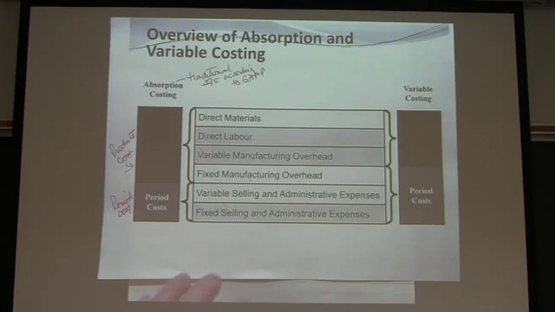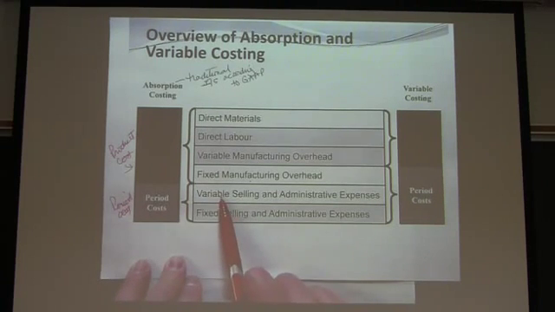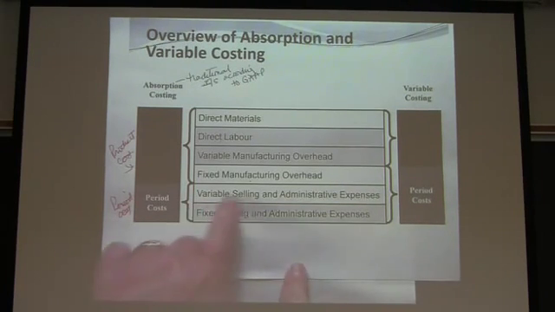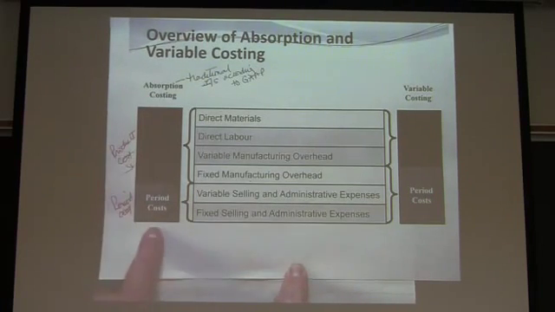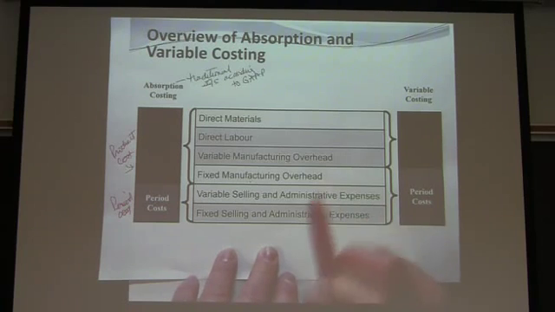So, for example, in our period cost under variable costing, we're going to expense, as part of normal expenses of the income statement, variable selling and admin and fixed selling and admin, similar to the absorption costing, plus we're going to also expense fixed manufacturing overhead.